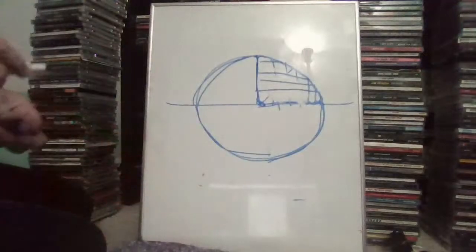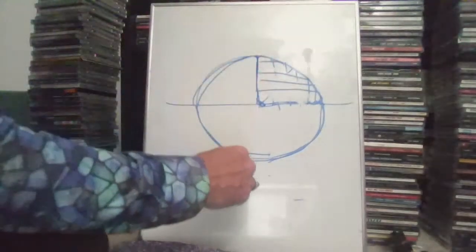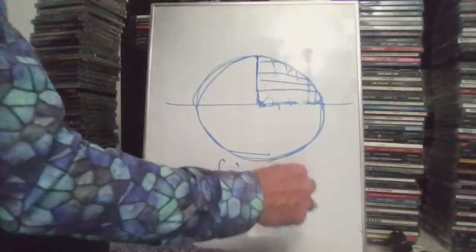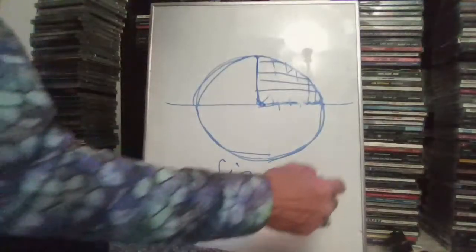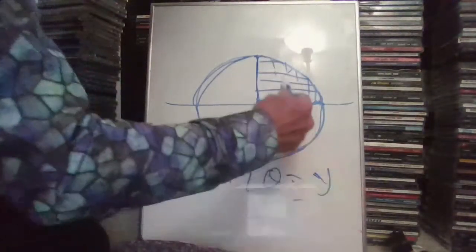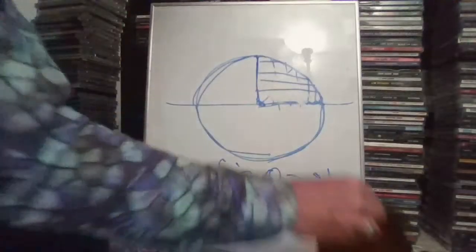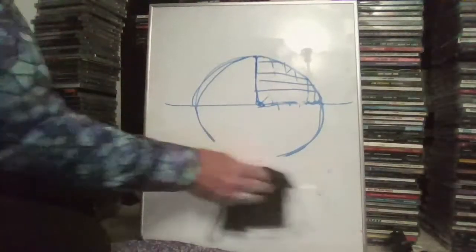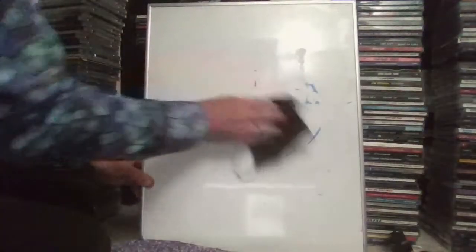So the sine of theta is periodic also. It's just like I said, y over h, but h is 1, so sine and cosine are periodic motion around a circle. We have that so far. So there we go. We're getting somewhere.